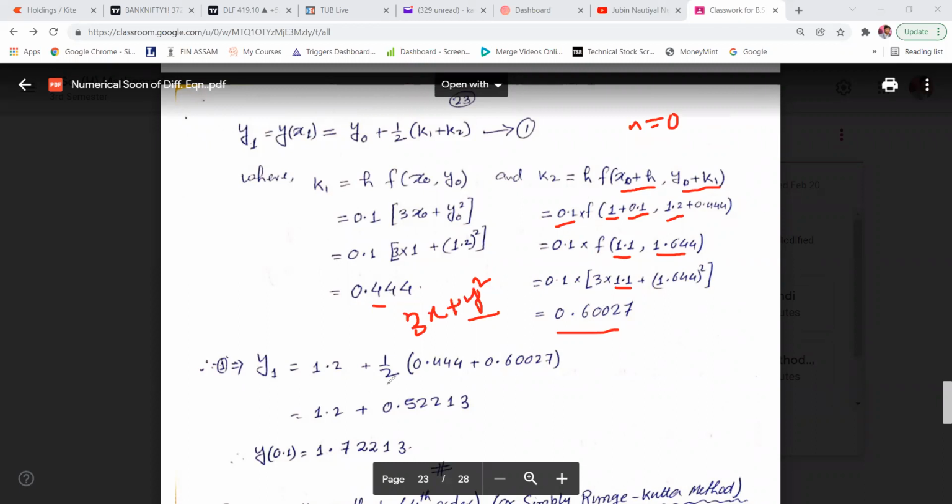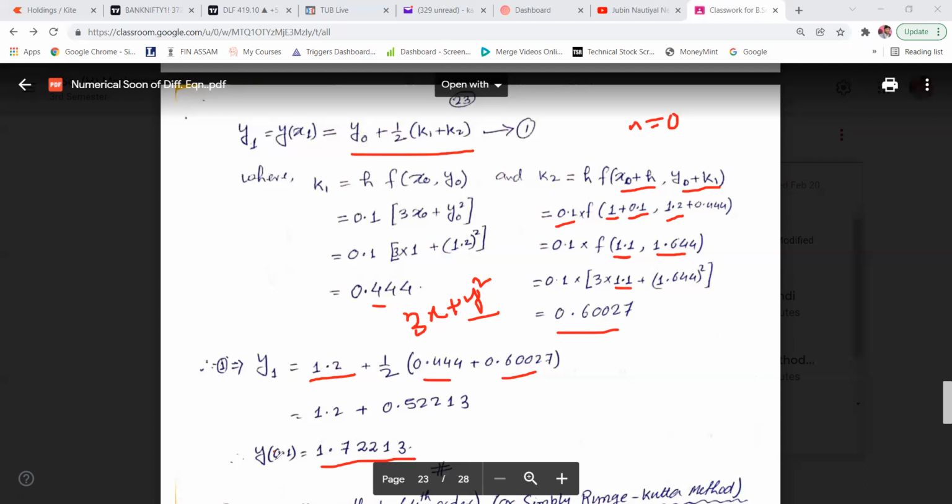Now just put here y1: y0 plus half k1 plus k2. Simplify, and you got the value of y at 1.1.